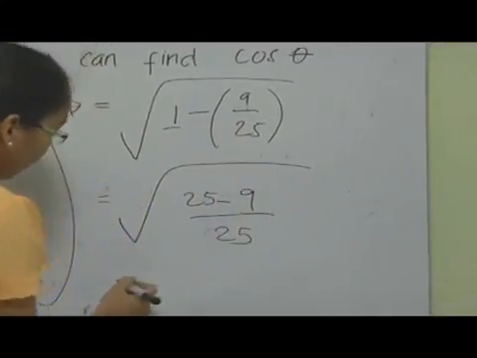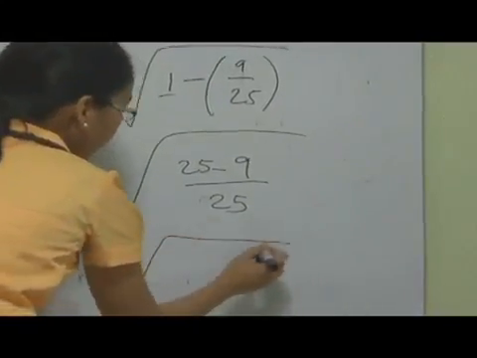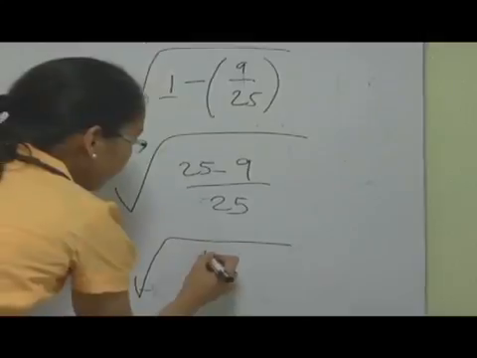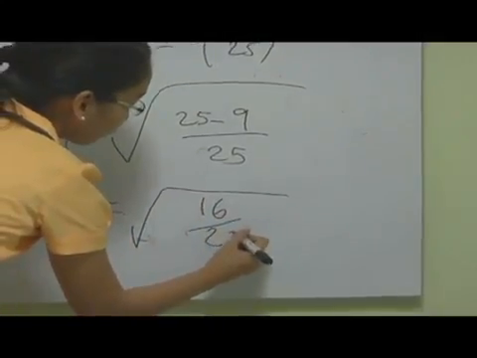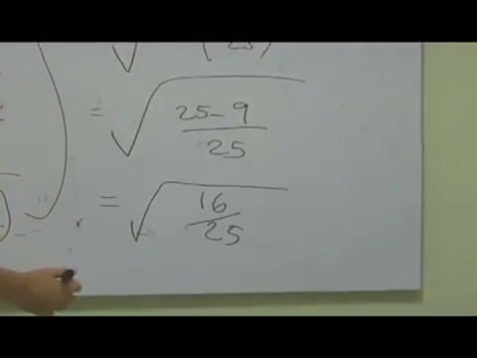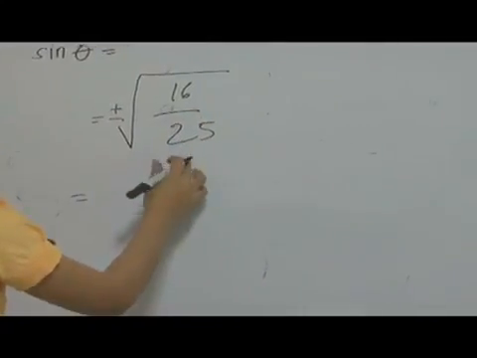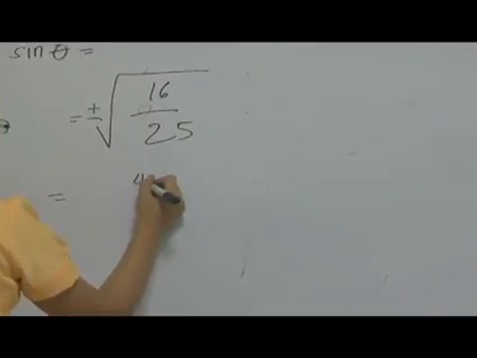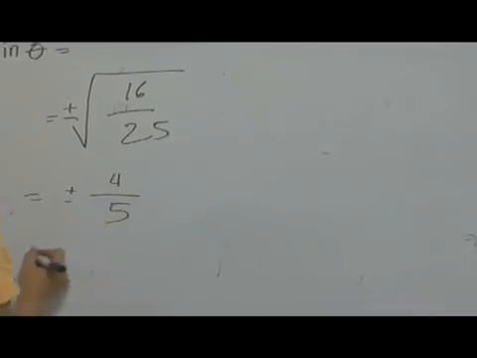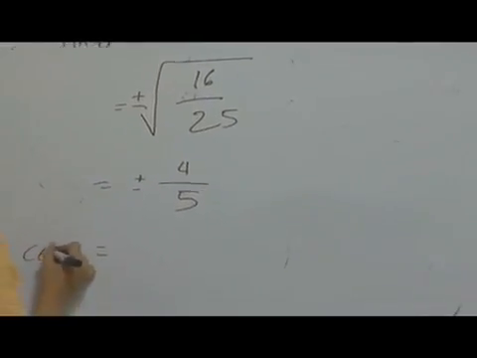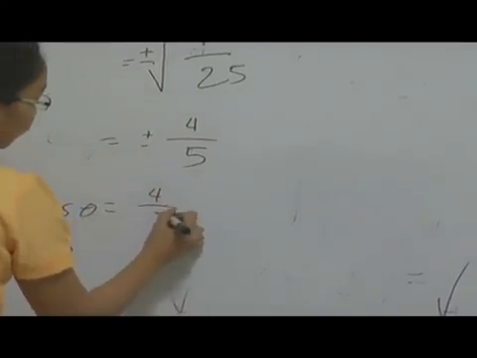This will become 9. 25 minus 9 is 16 over 25. Then plus or minus the square root of 16 over 25, this will become plus or minus 4 over 5.